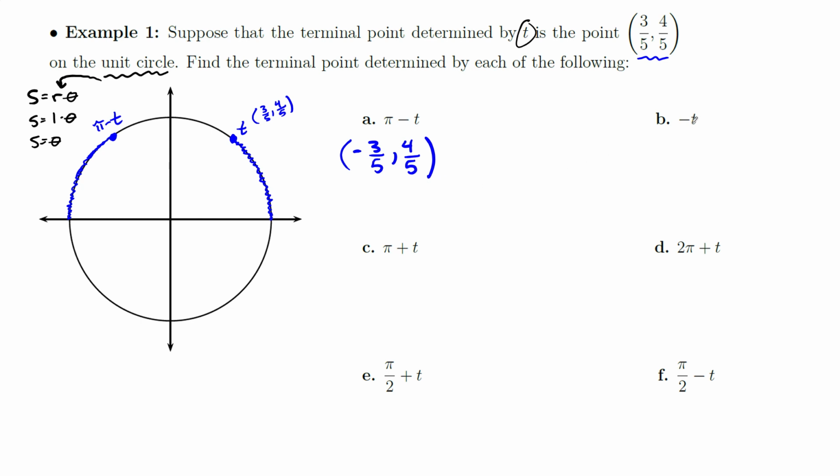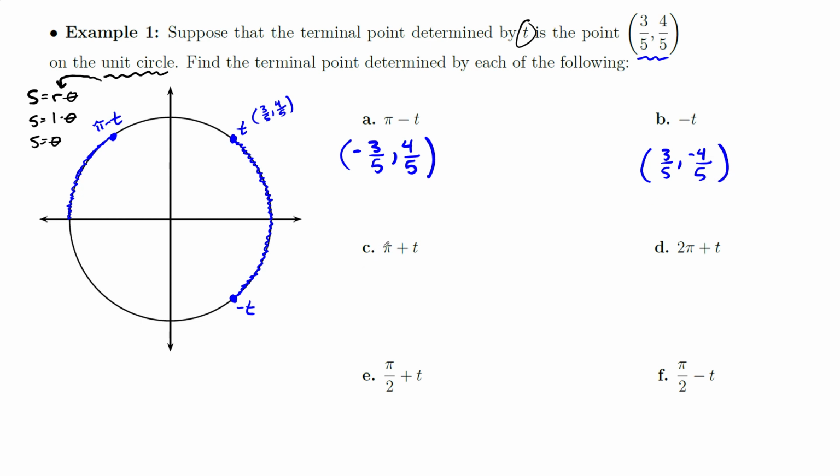We can do the same sort of thing for negative t. If this is positive t, to start here and go t in this direction, then negative t just means I'm going t in the clockwise direction. That's where negative t takes me. And there I can see that the x's are the same, but the y values are opposites. So this would be 3/5, negative 4/5.